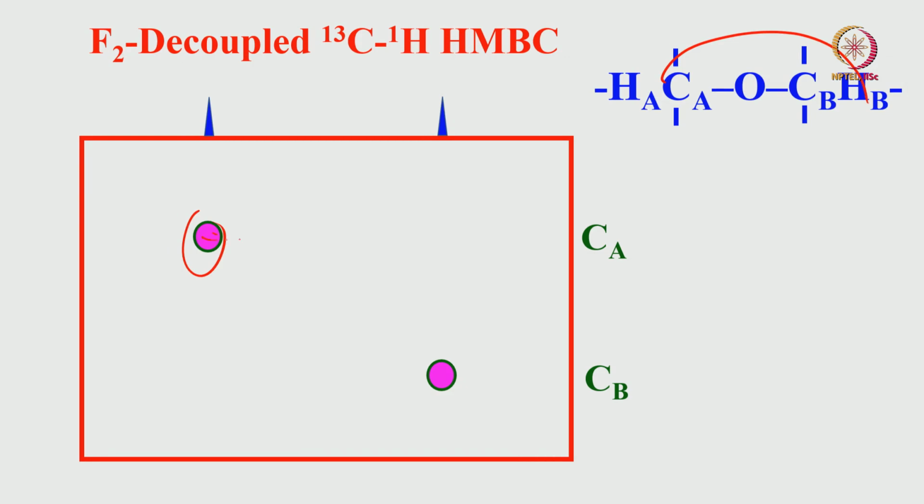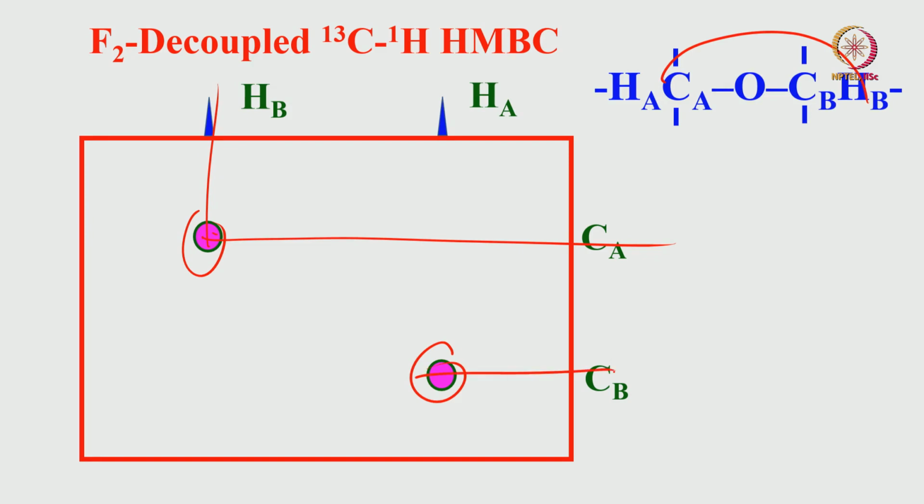If this axis is the chemical shift of carbon A, go vertically up, you get the chemical shift of proton B, not A. Remember, this is proton B. Similarly here, the chemical shift of carbon B, in this axis it correlates to the chemical shift of proton A. So they are cross correlations. Cb is correlated to Ha and Ca is correlated to Hb in the decoupled spectrum.